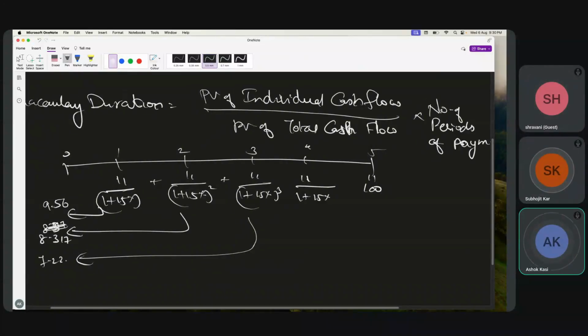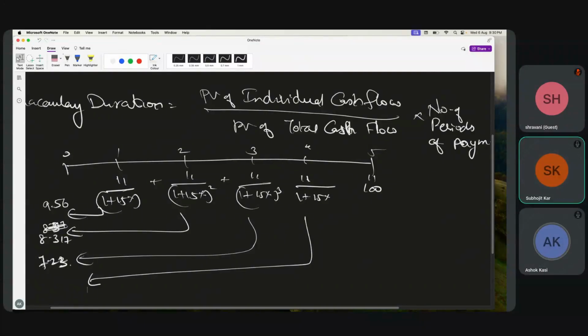Let's keep it till 7.23. Then next one, there is 6.28.